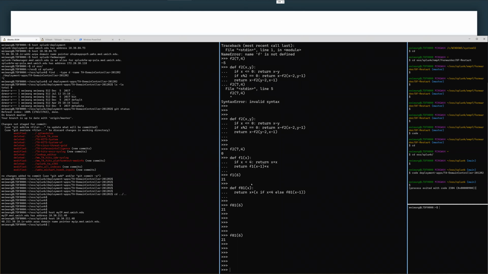This is f01x. This is basically that function, and the function in the other definition. In the other implementation, it will return the same result.